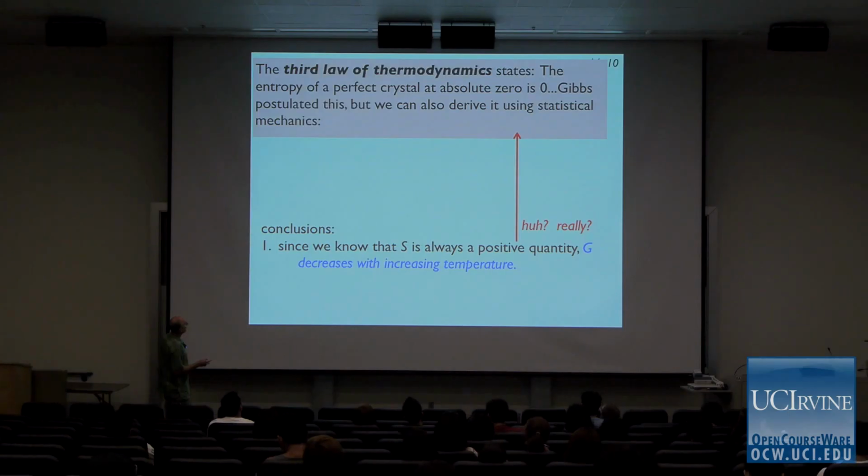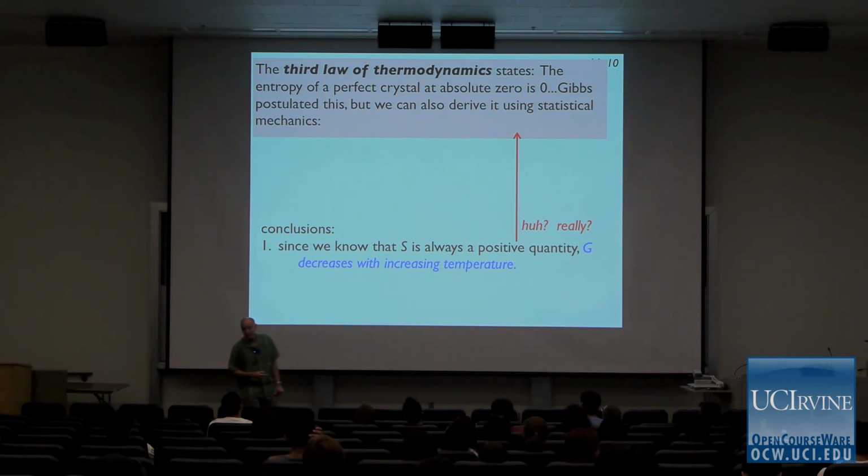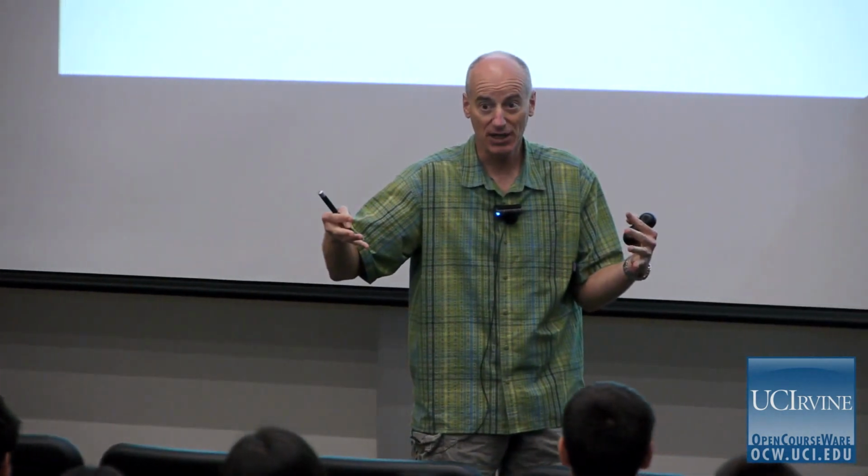Now, I say the first statement like it's a foregone conclusion that we all understand that the entropy is positive, but we haven't really explicitly said what the third law of thermodynamics is. The first law of thermodynamics is conservation of energy. The second law of thermodynamics is that the direction of spontaneity increases entropy in the system and the surroundings combined.